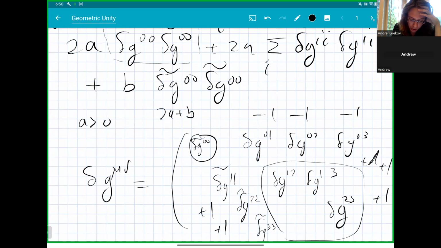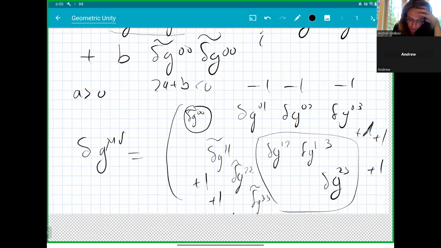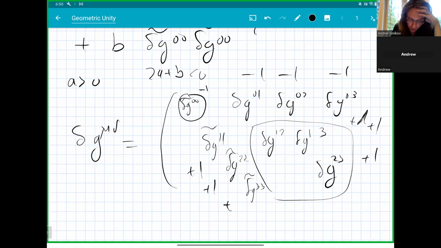So if b is negative enough to make this thing change sign, this will become minus 1. If it's positive, that will give us plus 1.